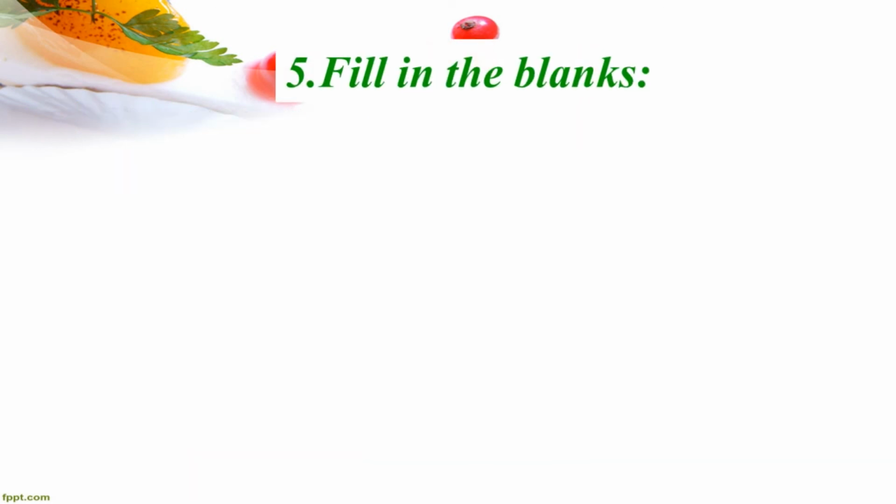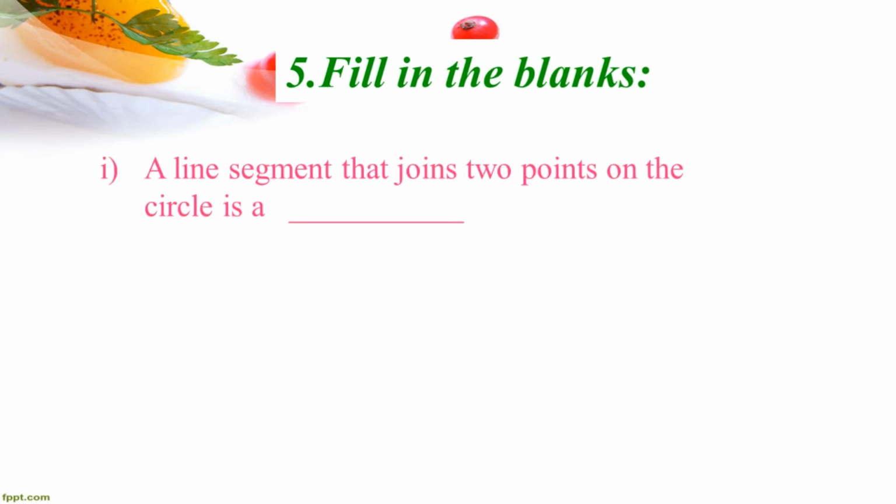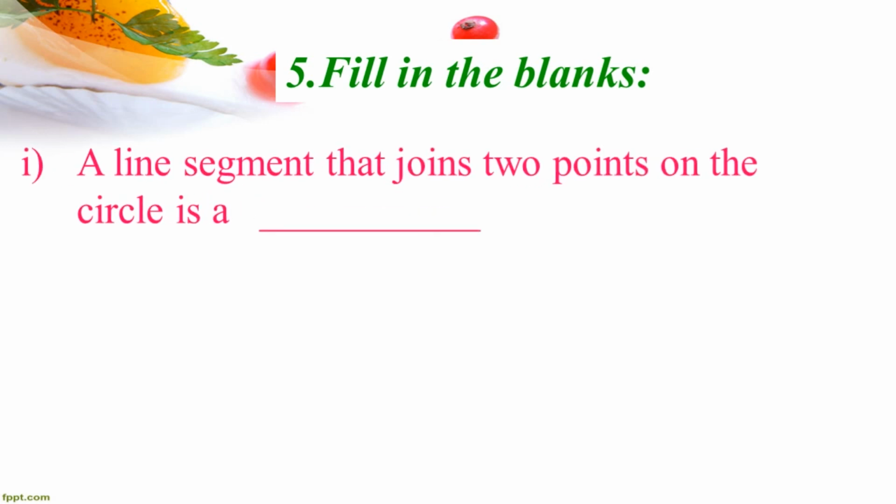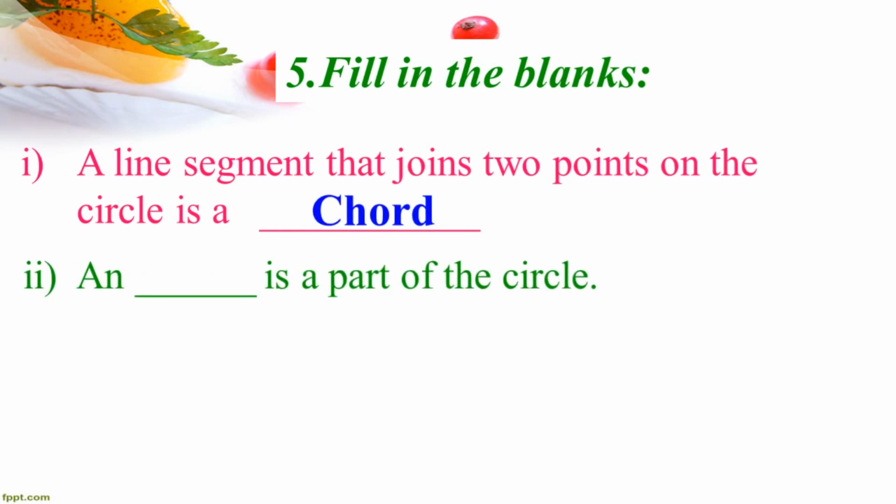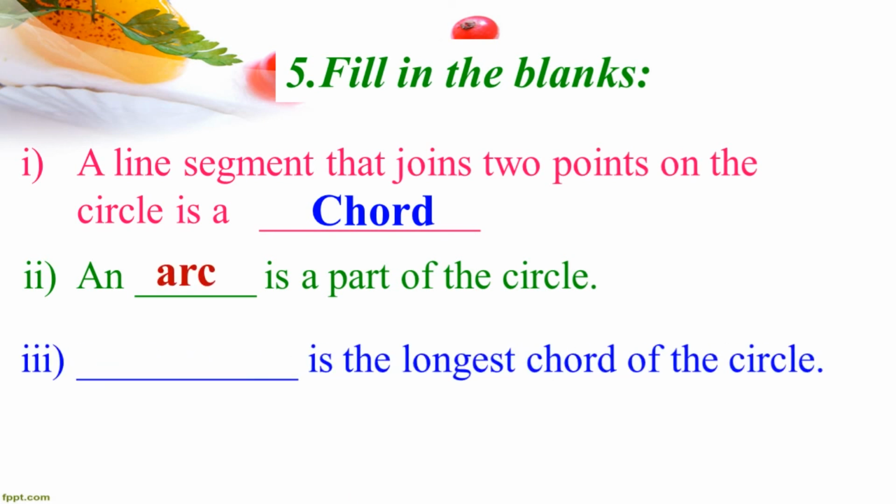Next, the fifth problem, fill in the blanks. First one, a line segment that joins 2 points on the circle is a chord. Second one, dash is a part of the circle: arc. Third one, dash is the longest chord of the circle: diameter.